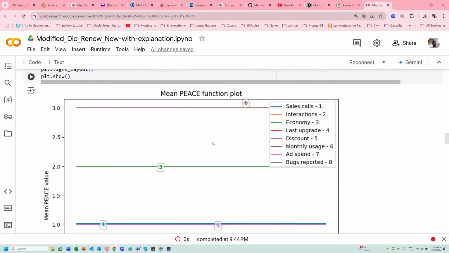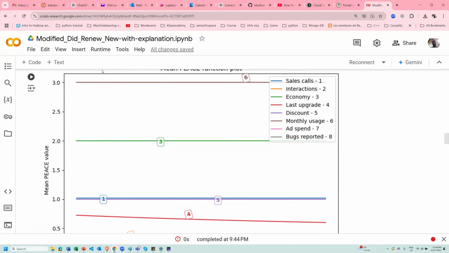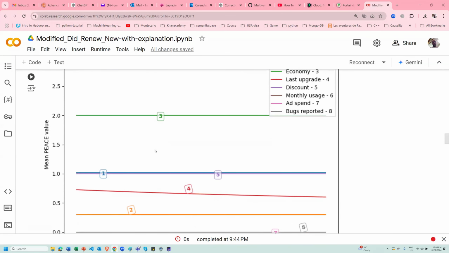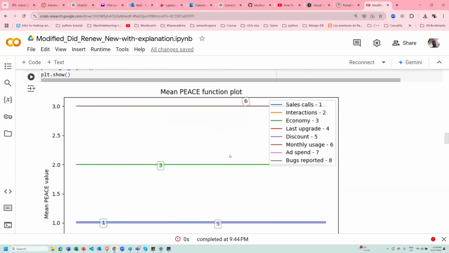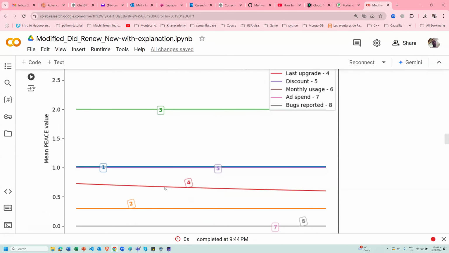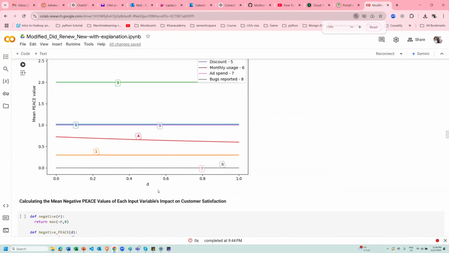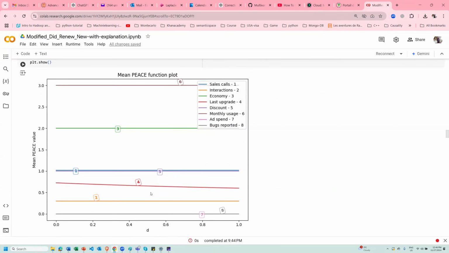Okay, so let me just show you. These are the results. If you look at this result, first of all, I would like to bring your attention: in ATE and other causal model frameworks, you only have one value, as I discussed.